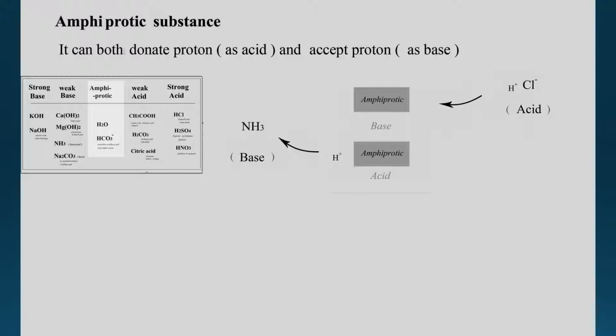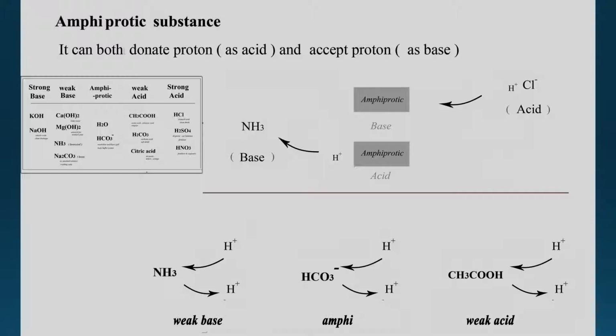It depends on what partner you have. Students, do not confuse amphiprotic with weak acid and weak base. People may think a weak acid can accept a proton and, after accepting it, donate. Now let's test this theory.